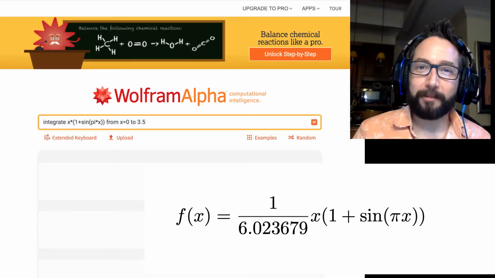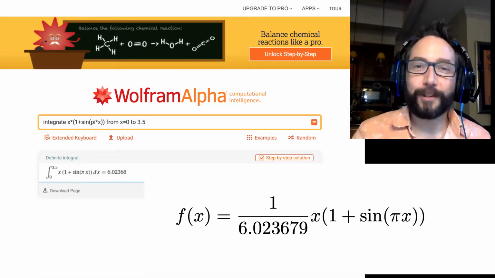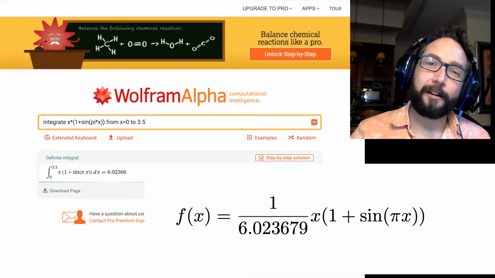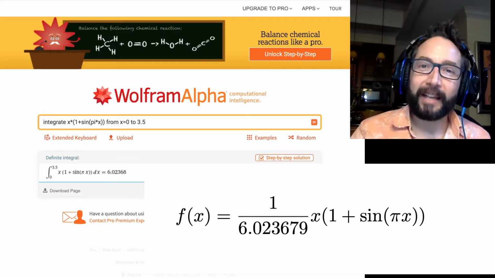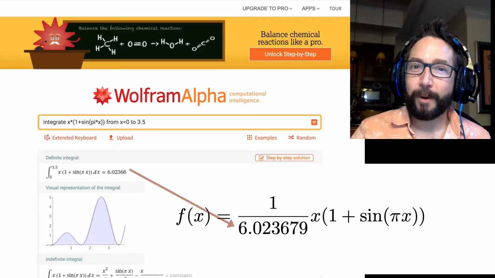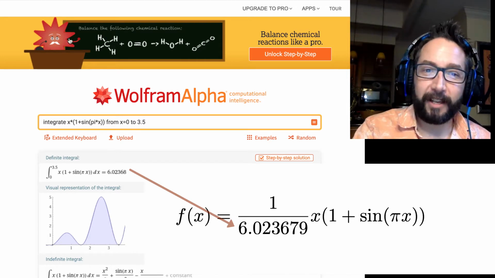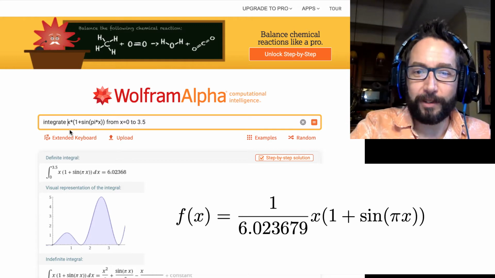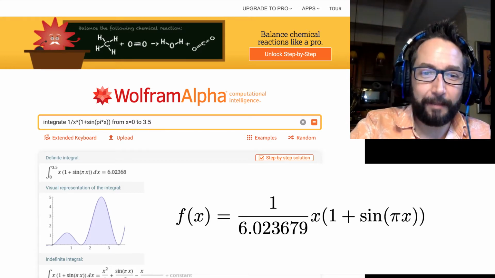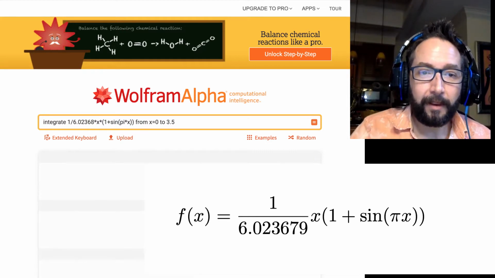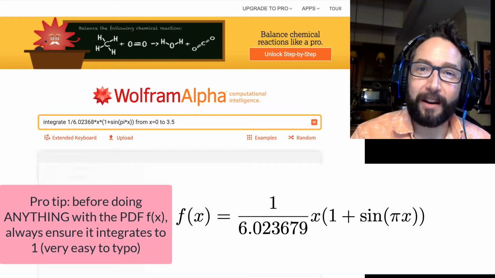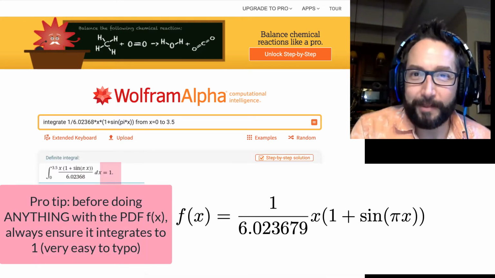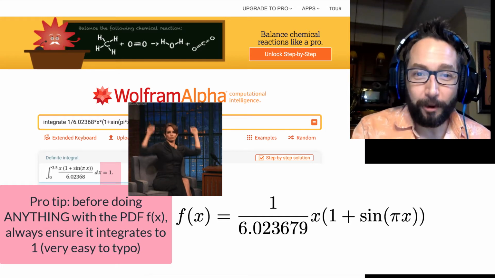This was the shape that we really liked, so we said, okay, let's convert this into a PDF by taking our equation for the shape and multiplying it by the reciprocal of the area currently under that shape. The area right now is 6.02368, so let's multiply by the reciprocal of this. Reintegrate just to make sure that the integral is equal to 1. I know I'm dealing with a valid PDF, and so great.